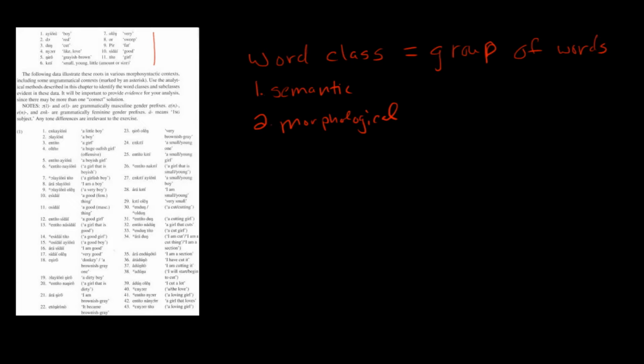And three, we can look at distribution or syntax. Within a phrase or a clause, where do these words go? So nouns, for example, in English can mostly be subjects or direct objects. The verbs can be the heads of a predicate, the verb phrase.